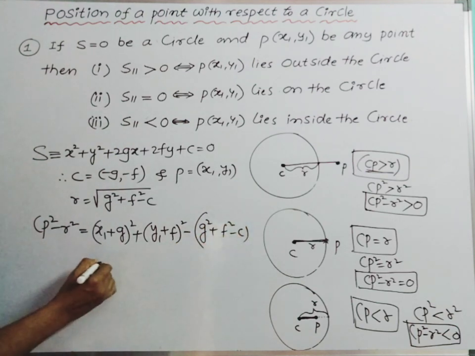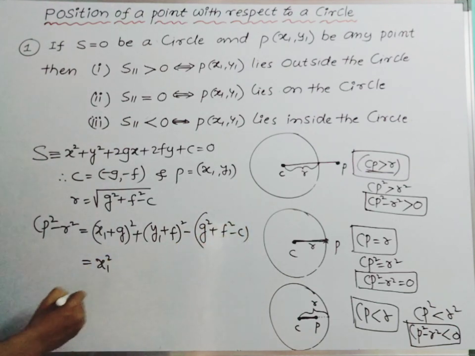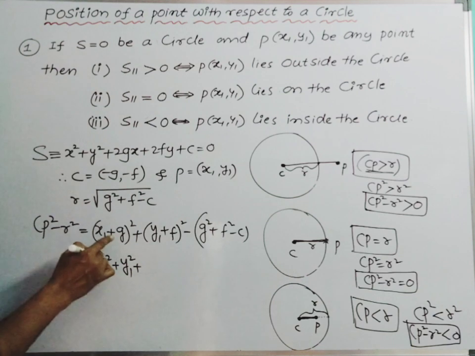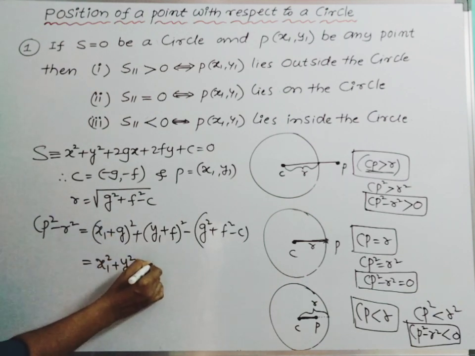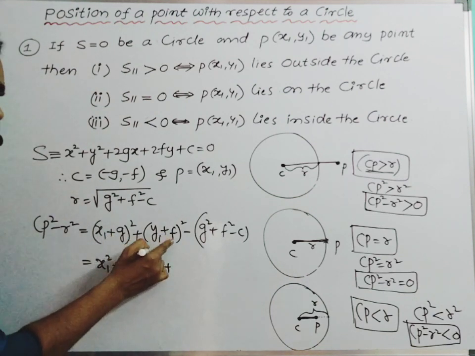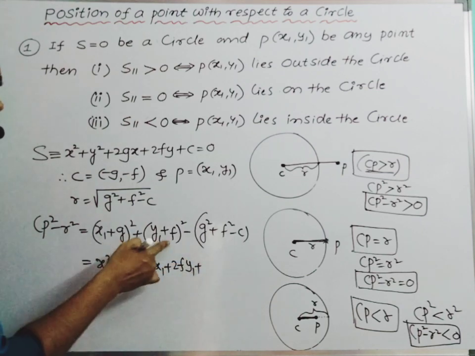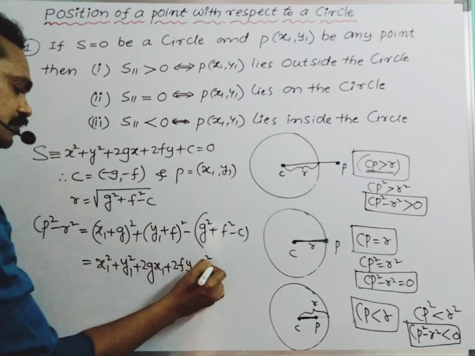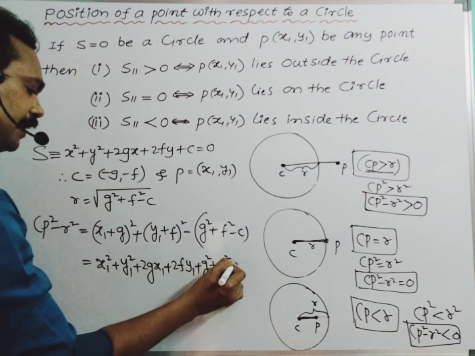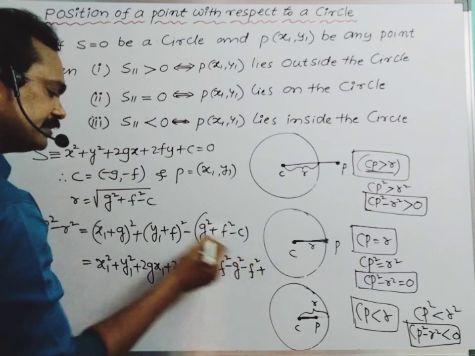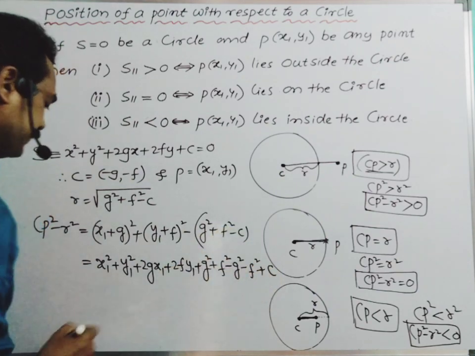Writing it properly: x1 square plus y1 square plus 2gx1 plus 2fy1 plus g square plus f square, minus g square minus f square, plus c.